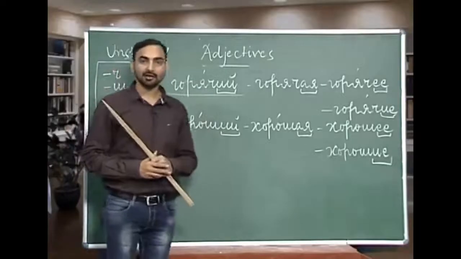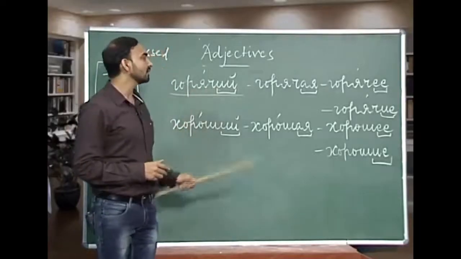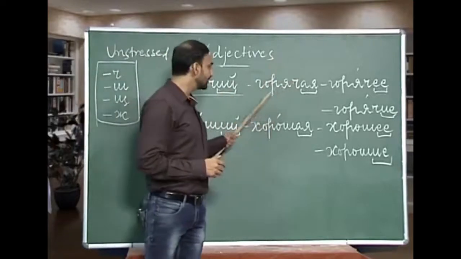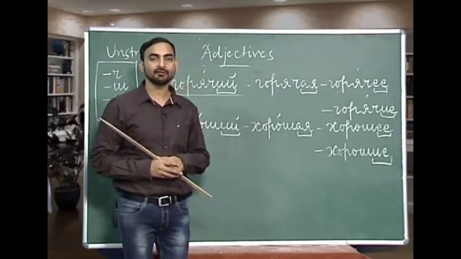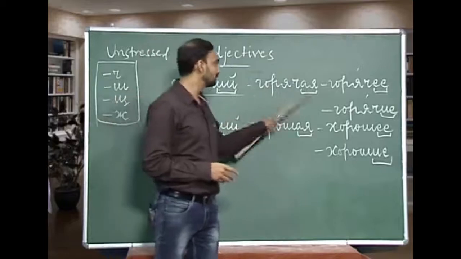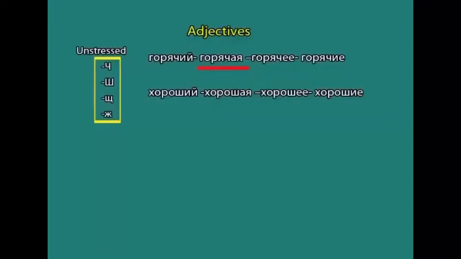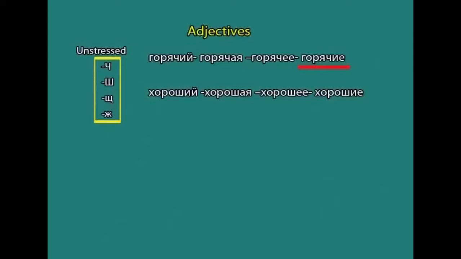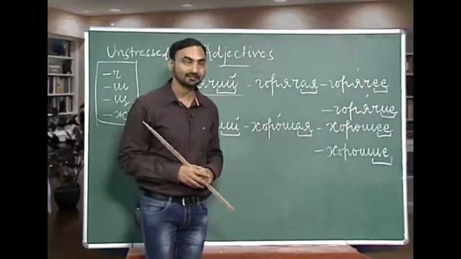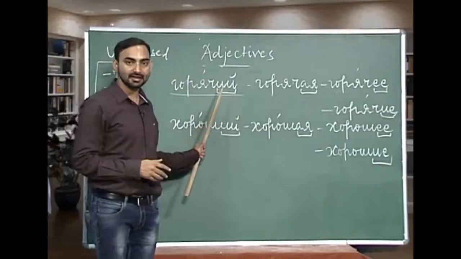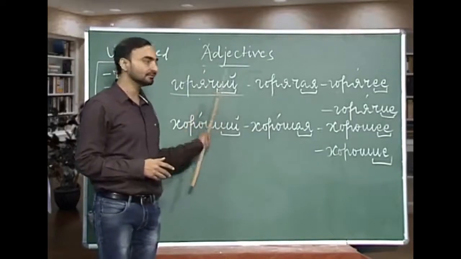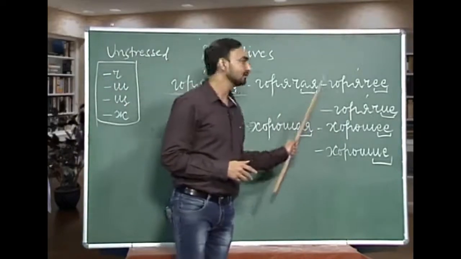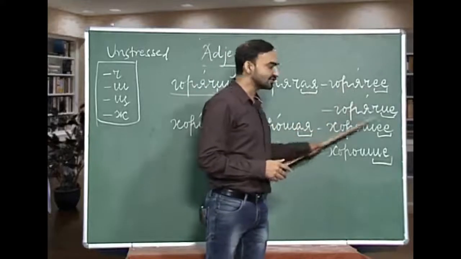So, whenever you come across an adjective like this, they are changed as per the gender and number of noun in this way. So, garyachi becomes garyachaya if the noun is feminine, it becomes garyache, and you have to remember that here double ye is there, garyachie. So, you have to remember the spellings. Garyachi with unstressed ending becomes garyachaya, garyache and garyachie.